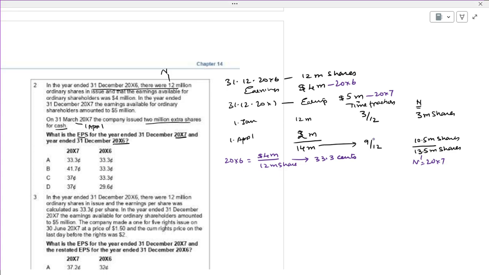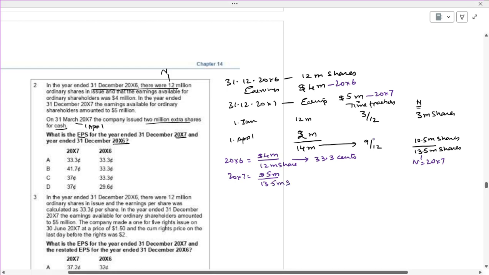Yes, doctor. 2007: 5 million divided by how many shares? 13.5 million shares.